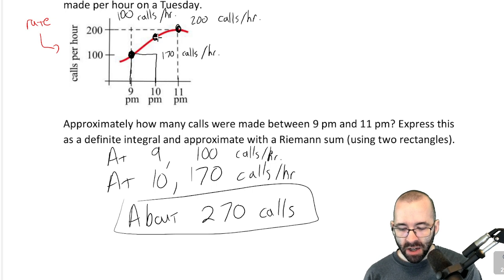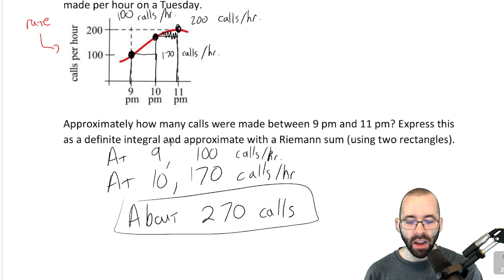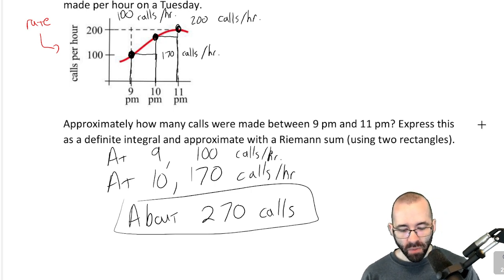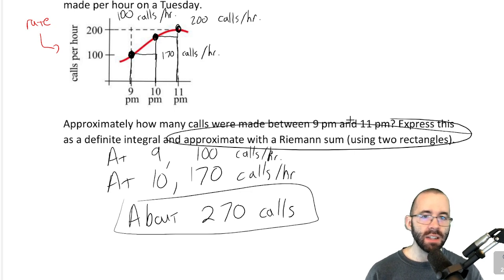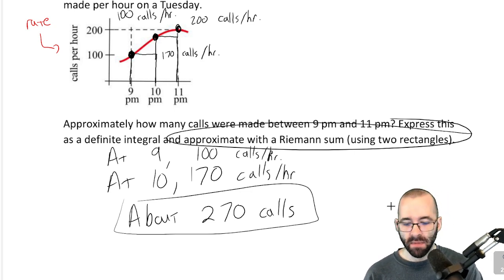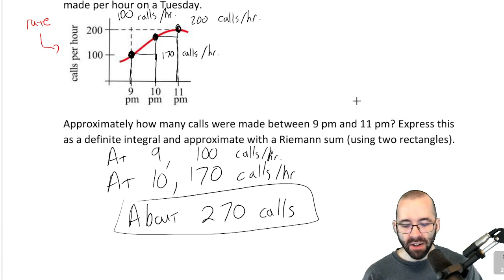And then similarly, from 10 to 11, we assumed that there'd be about 170. We're finding the area of this rectangle. And again, we're missing all of this other area, so we're undercounting again. But we were just asked to approximate with a Riemann sum using two rectangles. And that's exactly what we did. How do we write this as a definite integral?